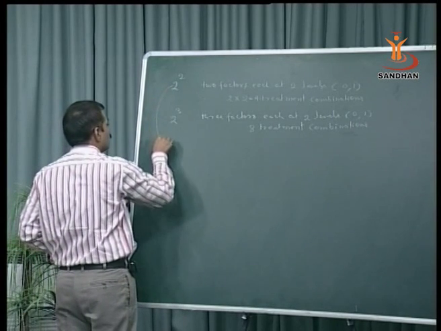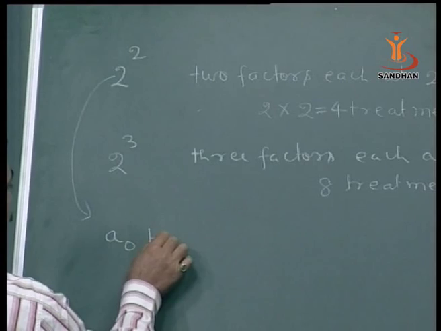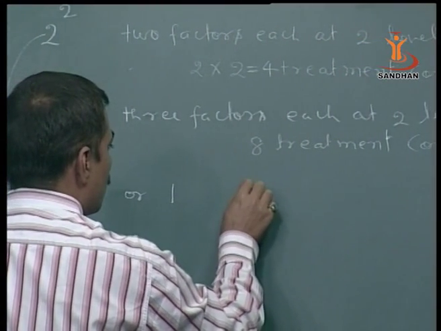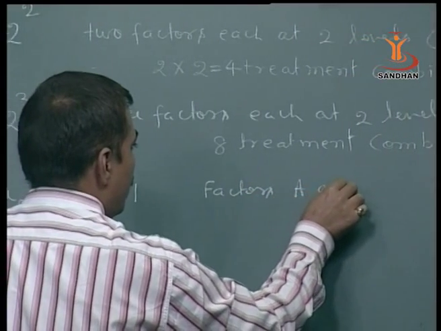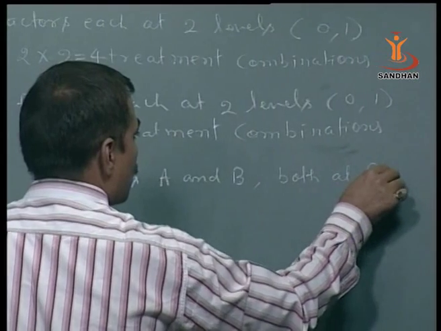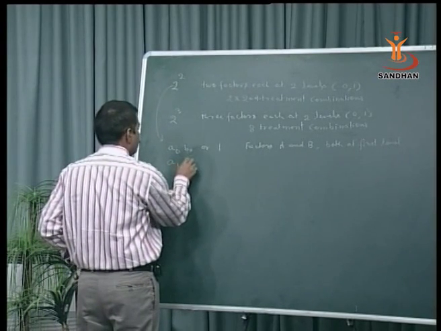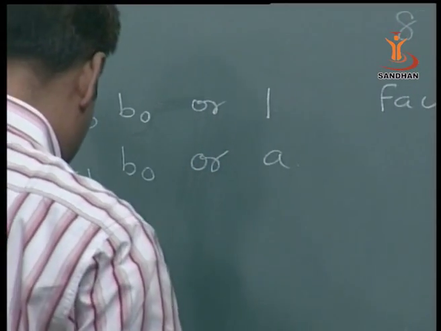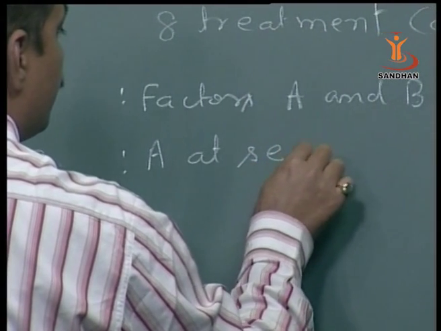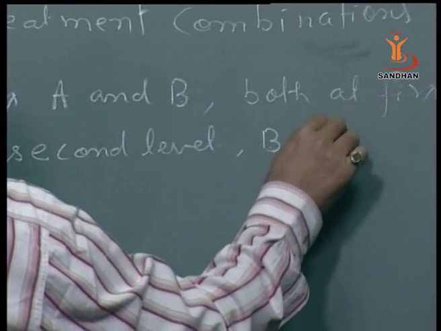Now if we take this as 2 raised to power 2, that is 4, we denote it as, for example, A naught B naught, or say 1. That means factors A and B both at first level. And say A1 B naught, or say A, that is A at second level, B at first level.